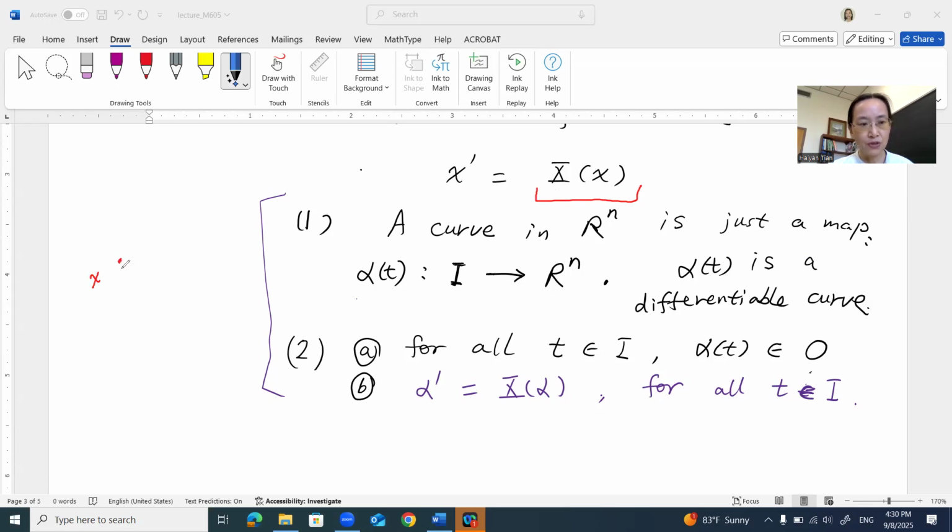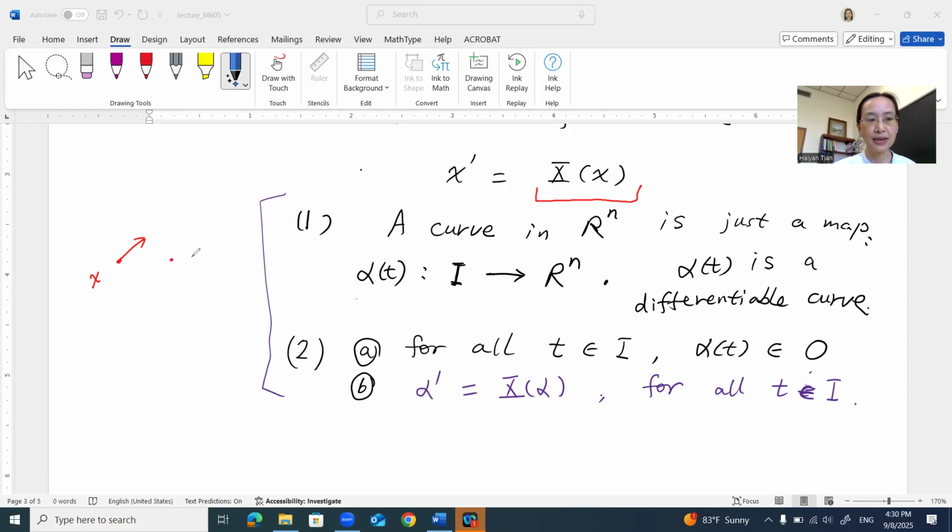Suppose you are at this location x, and I have a direction associated with this x. After this mapping, you get a new vector, which is indicated here.